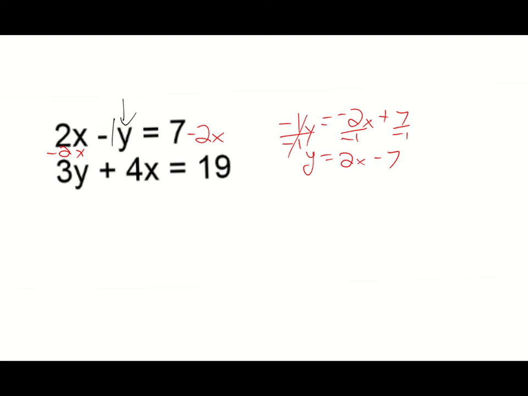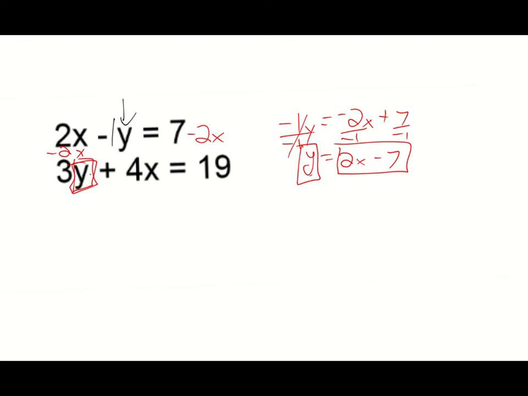The reason I want to do that is because if y is by itself, I know that y is equal to this expression. And then in the other equation, there's a y right here. So this y is the same as this y. That means they're both equal to 2x minus 7. I can substitute 2x minus 7 in for this y.